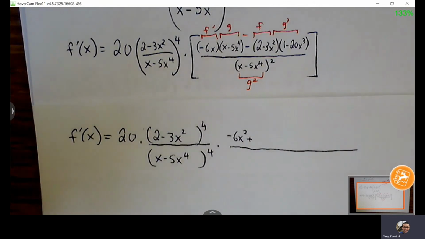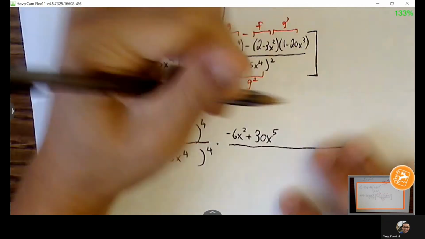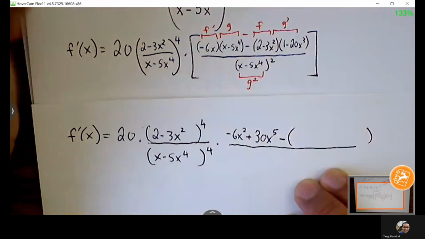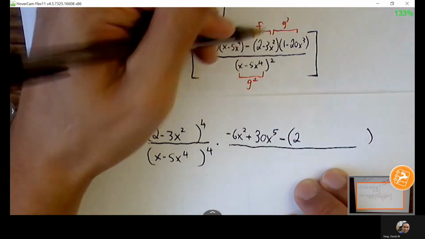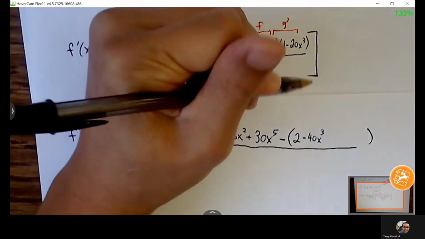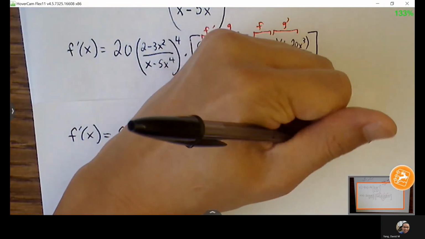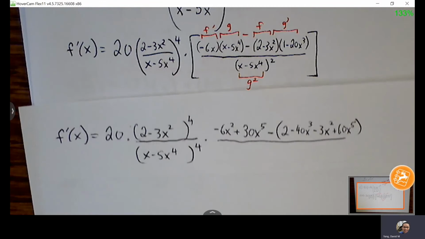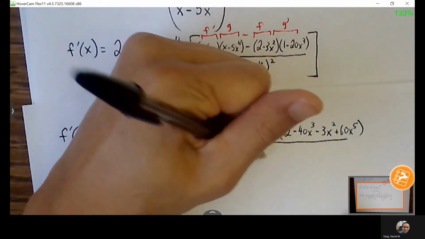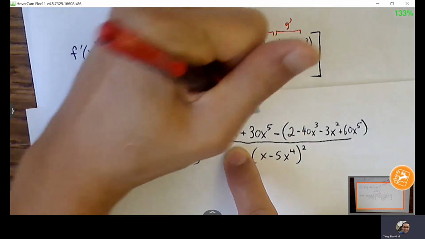Now it's just clean up. Okay, if I can just do a little bit more here.